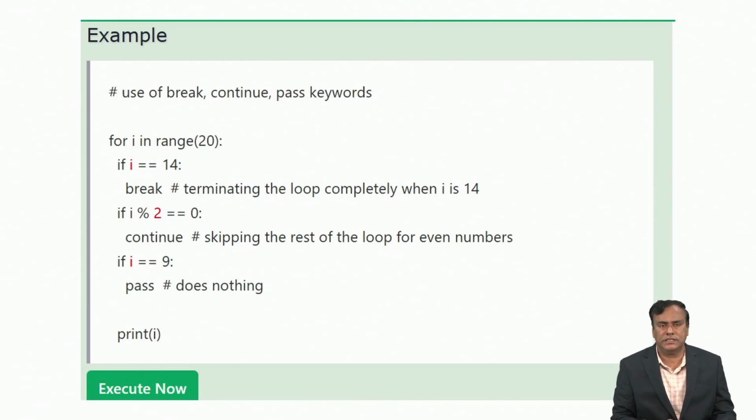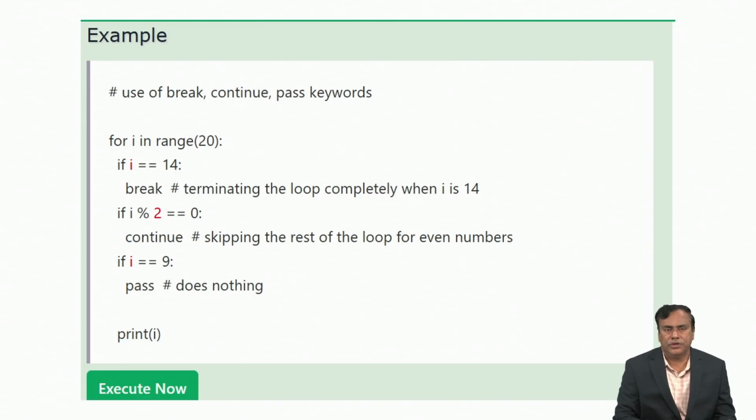It is going to check if i is equal to 14, then you are going to break, you are going to come out of the loop. In the sense you are not going to continue your loop till 19. So whenever the value of i reaches 14, there itself you are going to stop and come out of this loop. That is what break does.